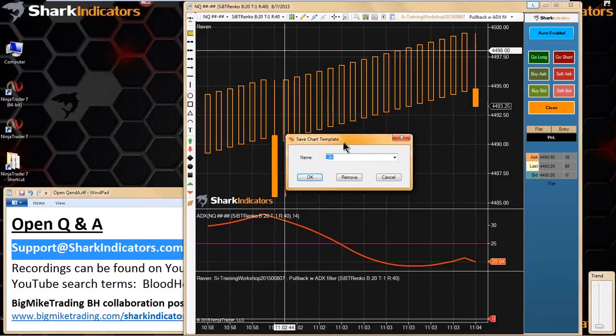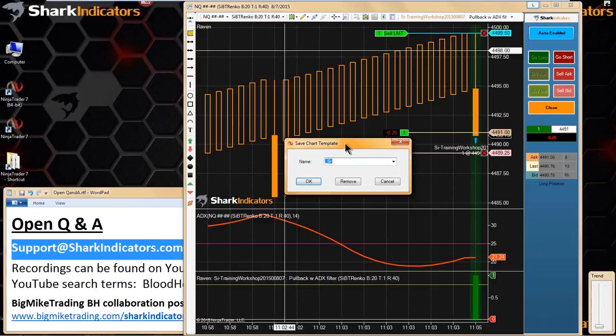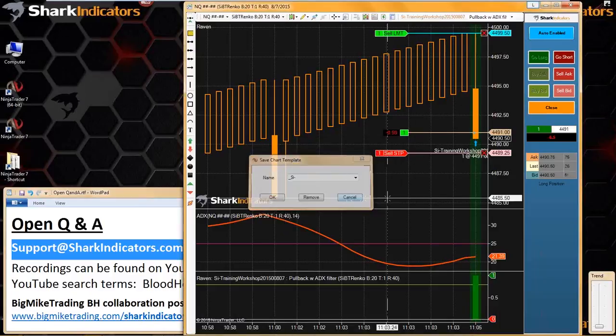And so the answer is yes, you can, but chart templates do not save strategies on the chart. So a chart template will not load a strategy on a chart. And I'm sure that NinjaTrader did that as a safety feature, right? I mean, you wouldn't want to accidentally load a chart template and have a strategy thrown on your chart and starting to trade in the background, right? That would be kind of disastrous. So chart templates will not restore a strategy on a chart.